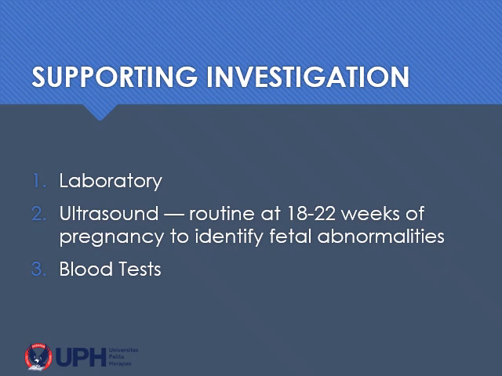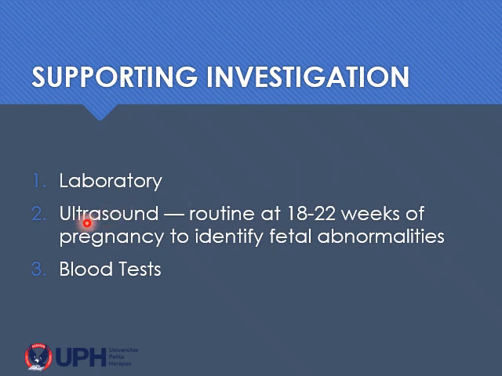Now, we also have supporting investigations during the pregnancy. So we ask the mother to check the laboratory result for the hemoglobin, the whole blood check, to make sure that the mother has enough hemoglobin, enough blood level that is needed for the baby to grow until delivery.